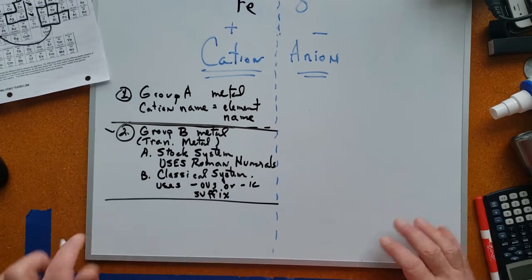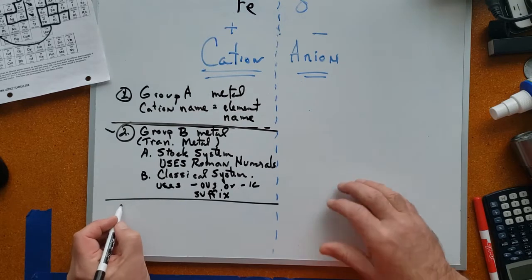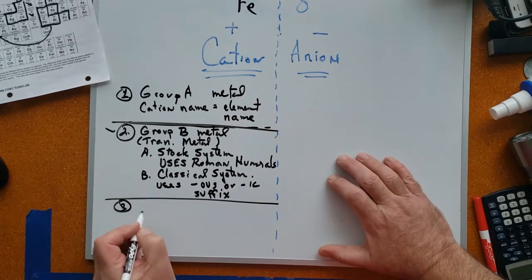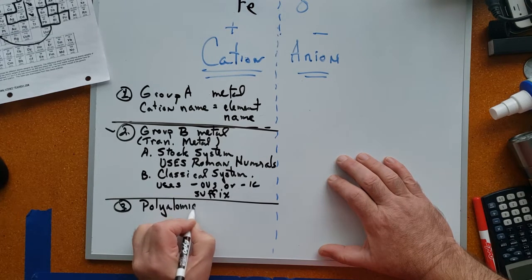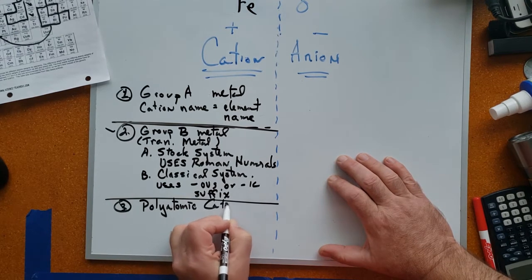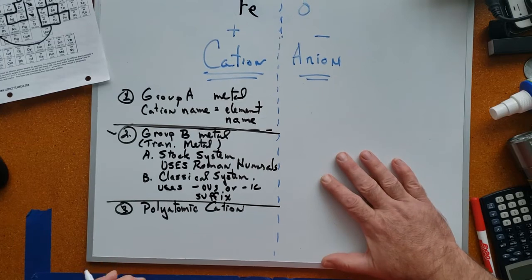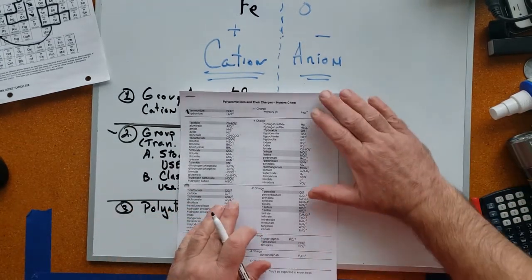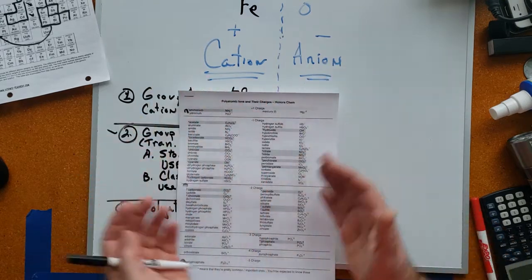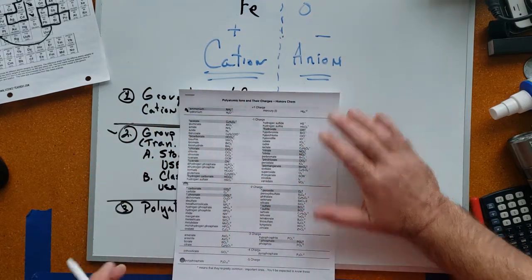And then lastly, for the cation half of things, there's one last possibility. And that is if it's a polyatomic cation. And for our purposes, we are going to run into one and only one of these. All right, on this list of polyatomics I gave you, it's right at the top.